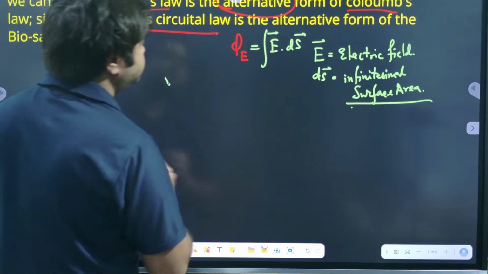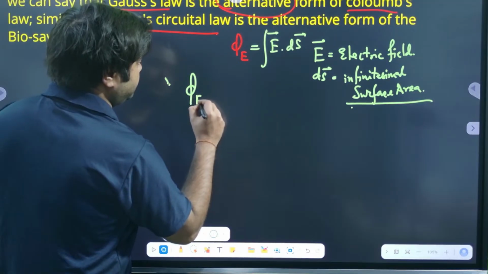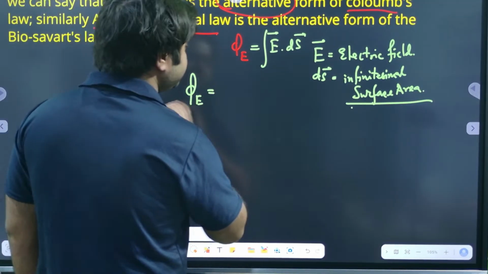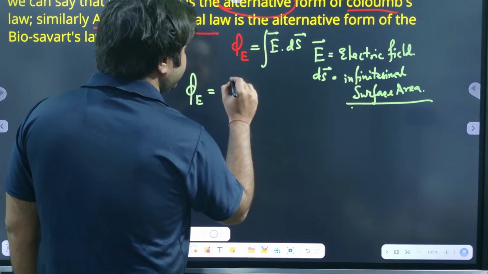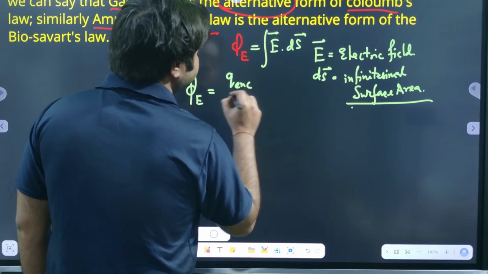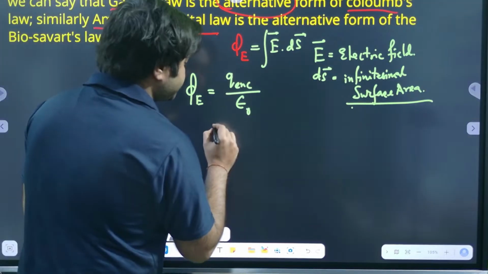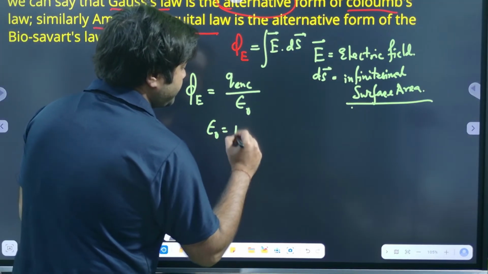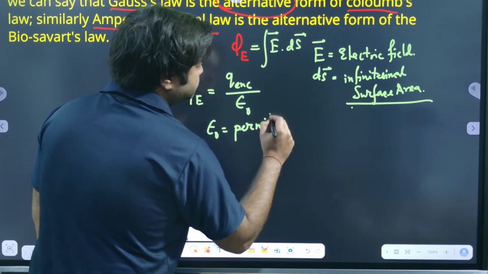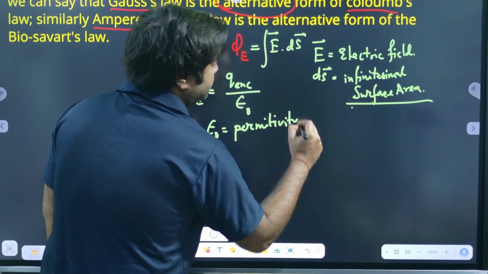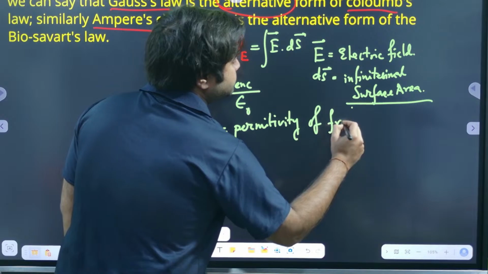This is basically Q enclosed by epsilon naught, where epsilon naught is the permittivity of free space.